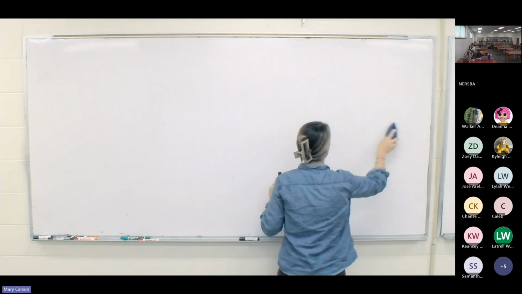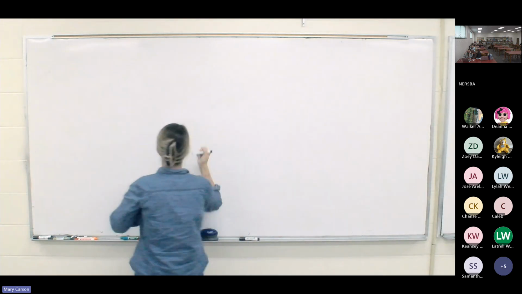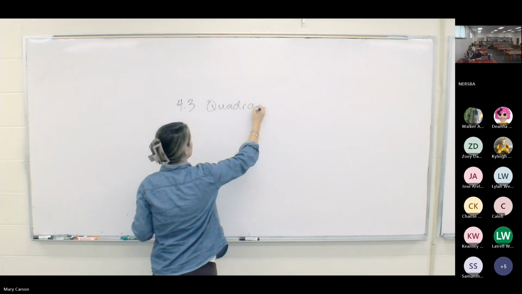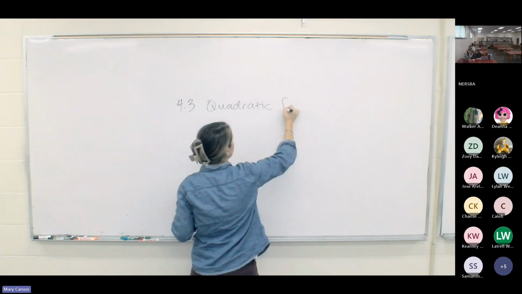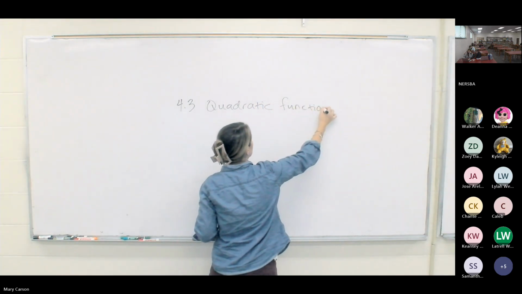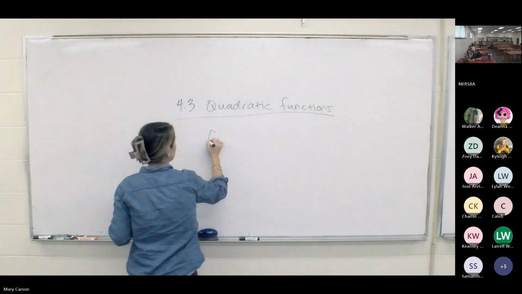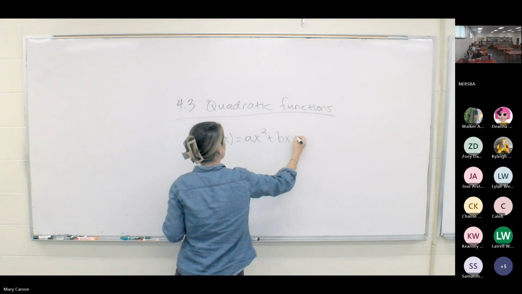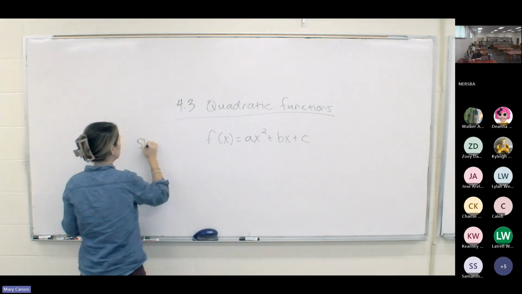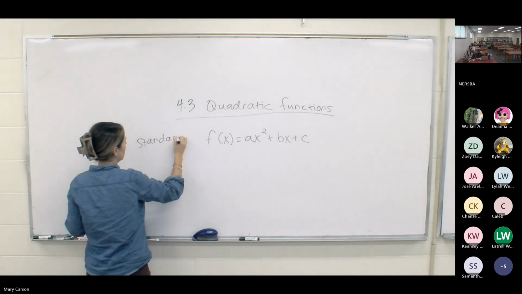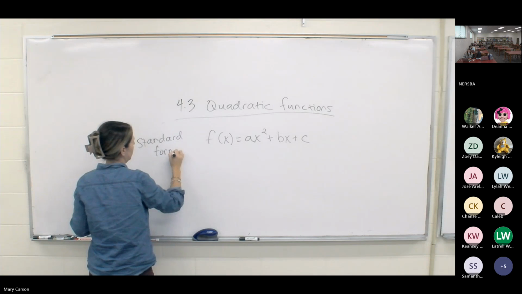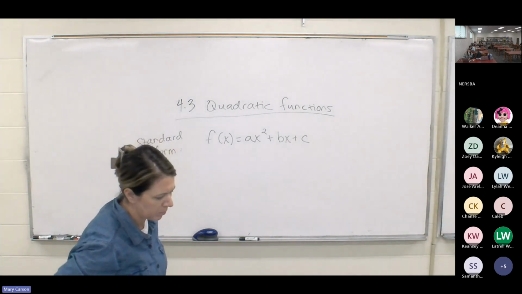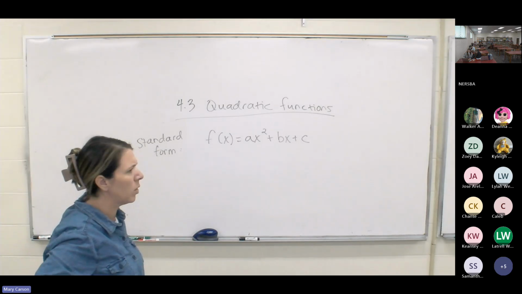All right, so 4.3 is going back over how to graph a quadratic by hand. Quadratic functions. This is the standard form of a quadratic. Have we gone over that before?